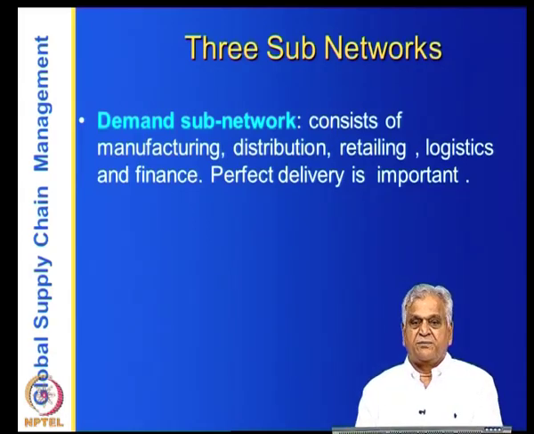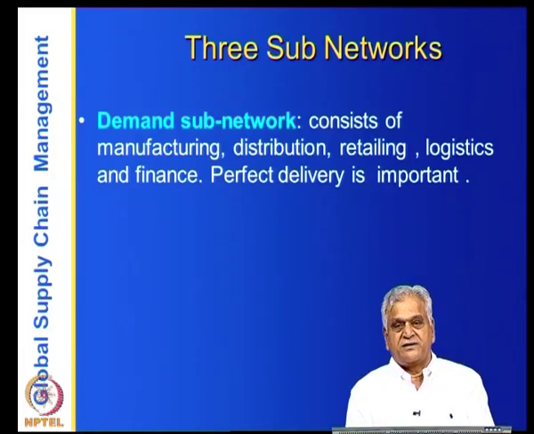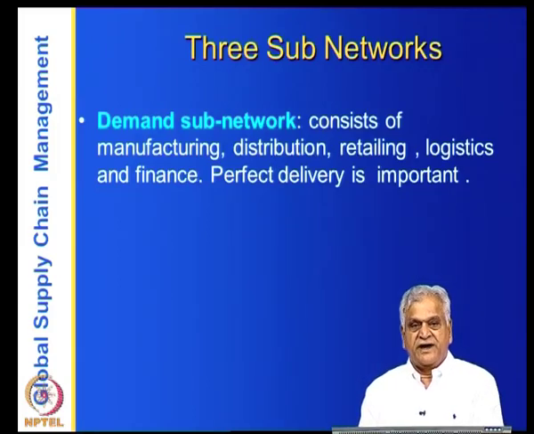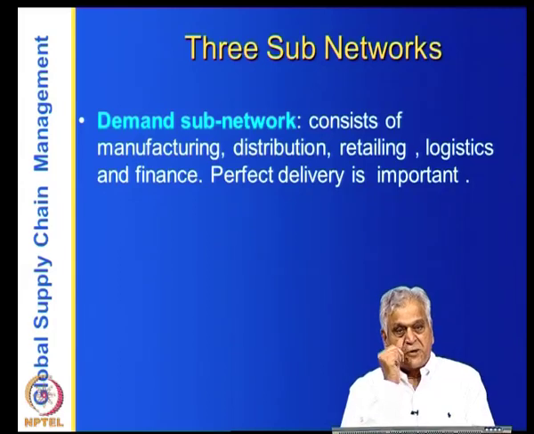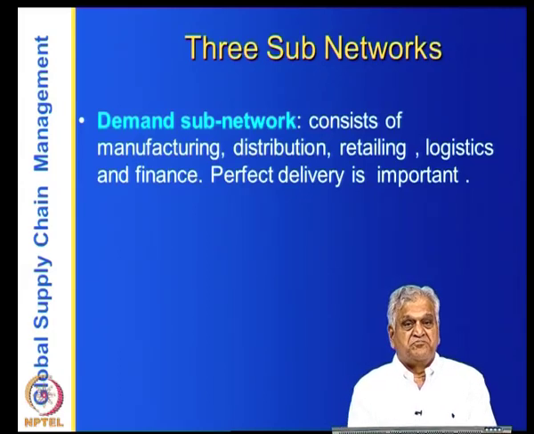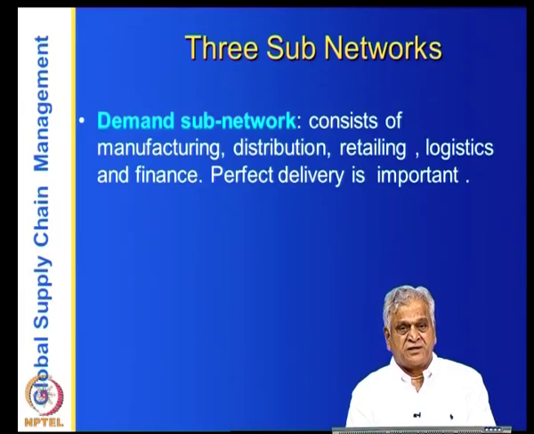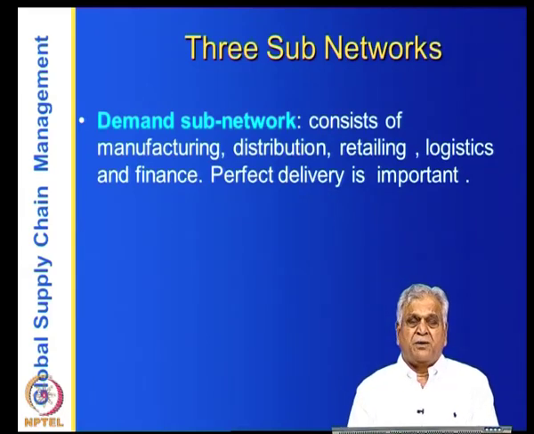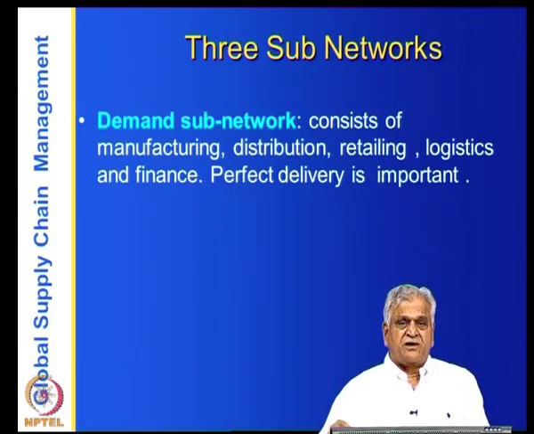First, there could be a defective product, or the product could be delivered late, or there are several other things that can happen, such as delivery to the wrong person, and so on. So, what is important is the perfect delivery, which is called Six Sigma. That means the defects should be less than 1 in a million.